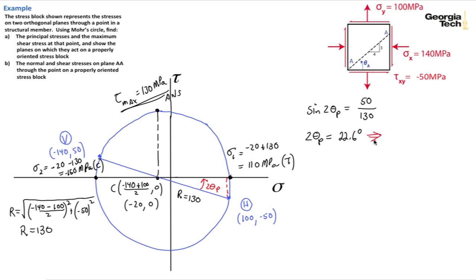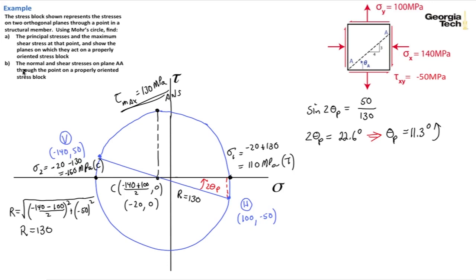But remember, the 22.6 degrees is the angle on the Mohr circle. The angle that we're going to move to the principal planes on the stress block is going to be half that. And so theta sub p equals 11.3 degrees, and we've moved in a counterclockwise direction.